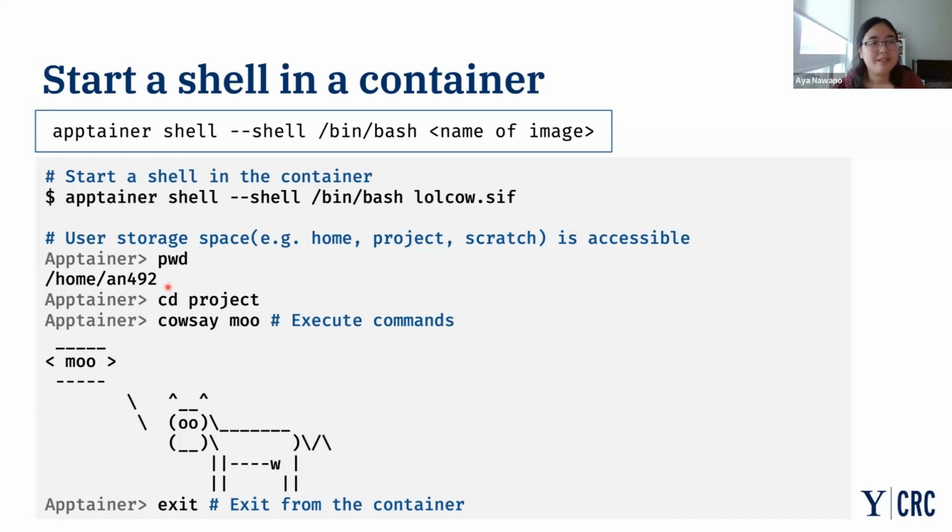I can also navigate to a different directory, for example, to project by running the cd project command. I can also execute a command within the container. For example, cowsay moo will generate a cow picture that is saying moo. Once I'm done interacting with the container, I can run the command exit to exit from the container.